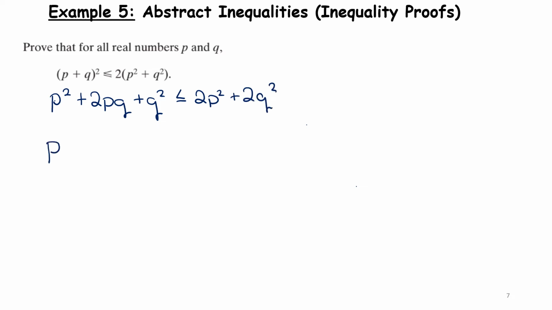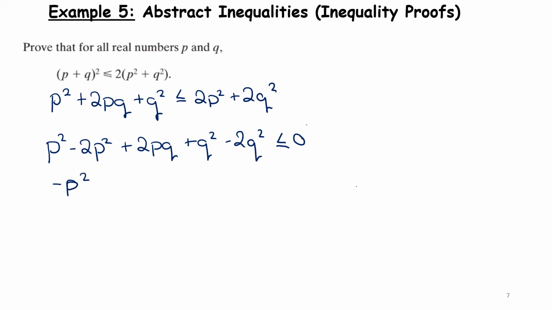Moving everything over, I get p squared minus 2p squared plus 2pq plus q squared minus 2q squared is less than or equal to 0. Cleaning this up, I get minus p squared plus 2pq minus q squared is less than or equal to 0.